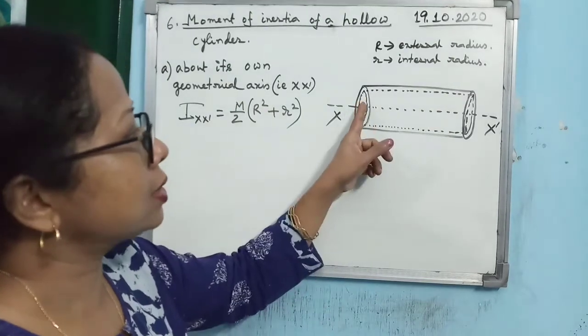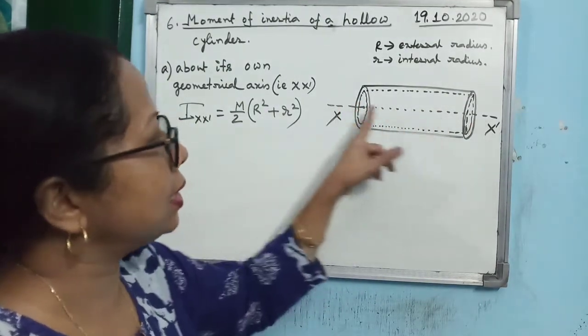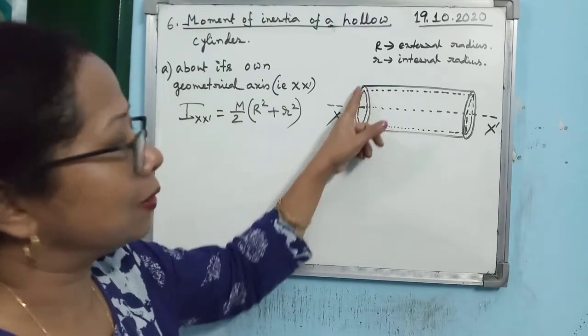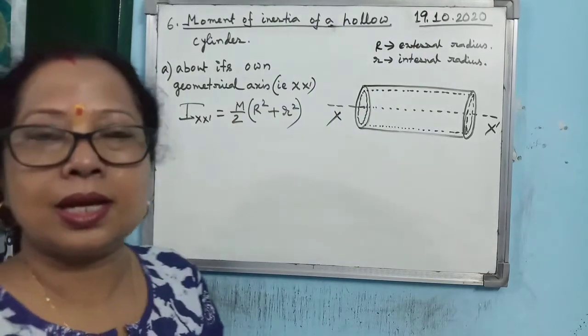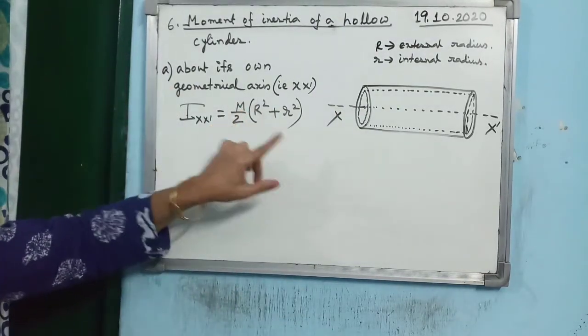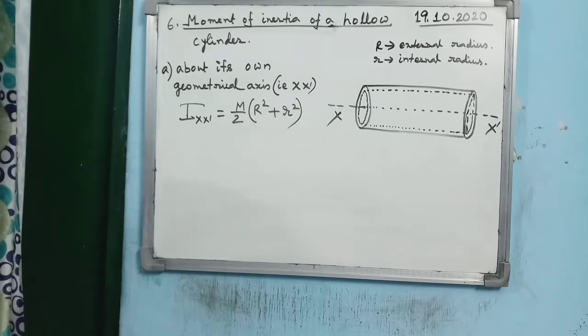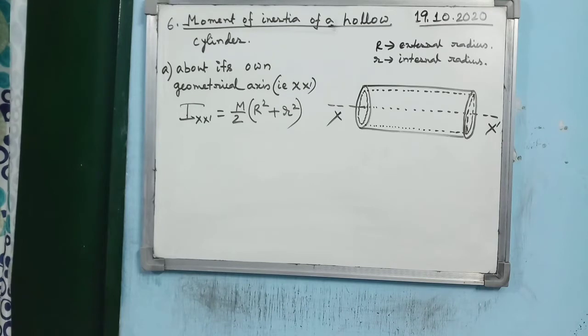You see how it comes: when you find it about its own axis, there are nothing but two discs, one of bigger radius and another of smaller radius. So it is given by m by 2 R square plus m by 2 small r square. Is that clear? This is about its own geometrical axis.